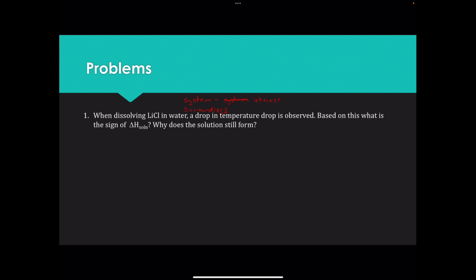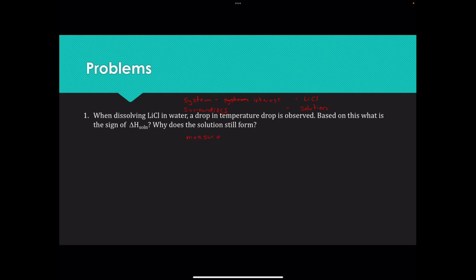Now this is occurring in a solution. The solution is going to be the surroundings. Now when we go to measure our temperature, we're not measuring at that individual bond level. We are measuring the surroundings.